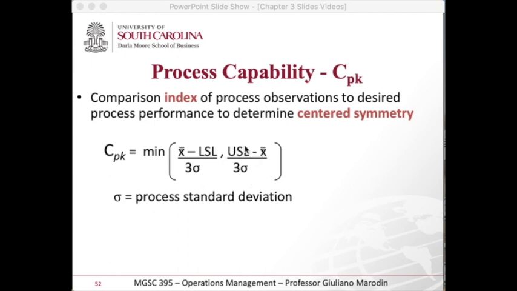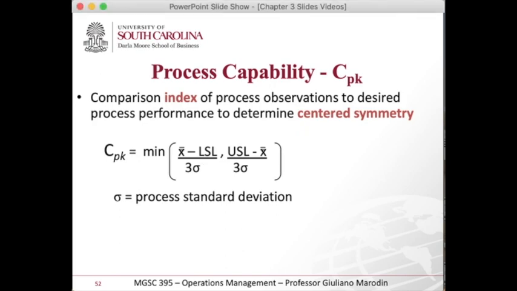Then I look at the right side, the space between the mean and the upper specification limit divided by 3 times the standard deviation, which is the size of the car, the width of the car, and see if that fits half of the car, yes or no. And the CPK, or the index, will be the minimum of those two, so the lower value.